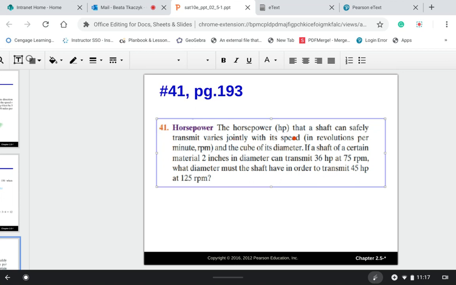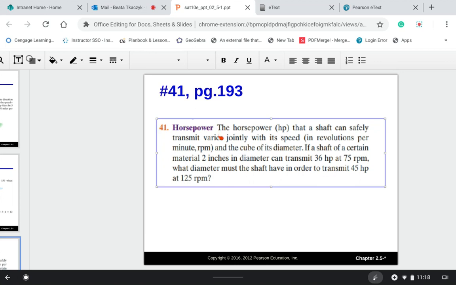With its speed, the speed is revolutions per minute, so we have a speed, that's why the units are RPM, which stands for revolutions per minute. So speed will be my second variable, and the cube of the diameter. The diameter of the circle, so D will be then my third variable, which is diameter.